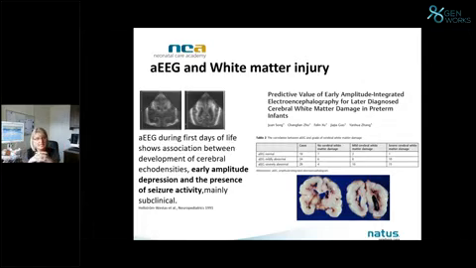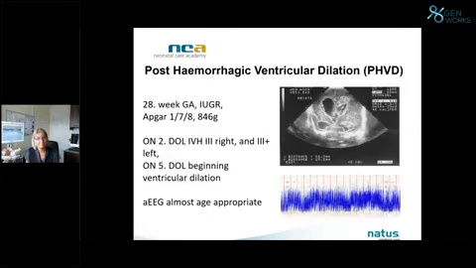So they concluded in that study that abnormal AEEG of the preterm infant within 72 hours after birth may imply white matter injury and predict poor neurodevelopmental prognosis.